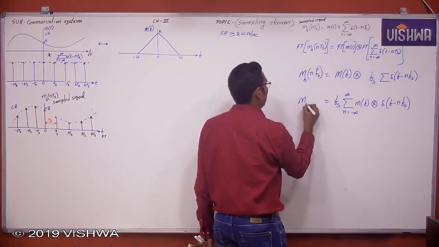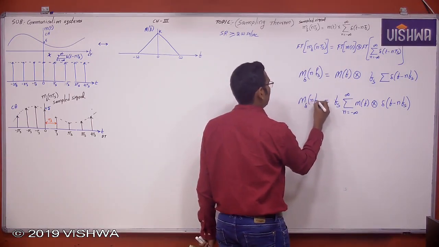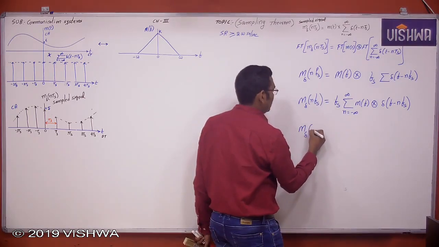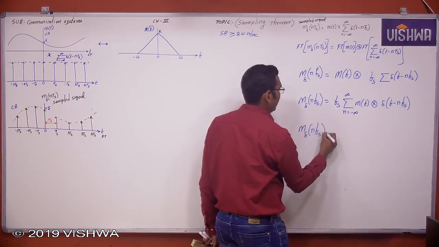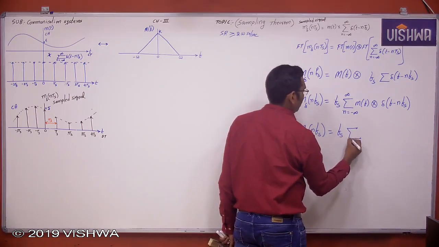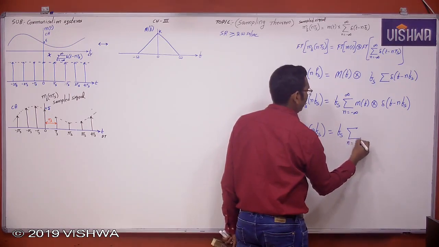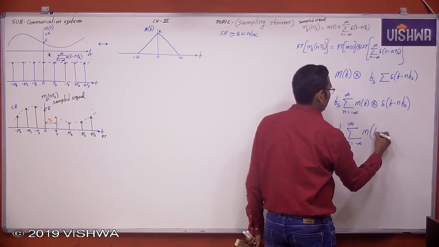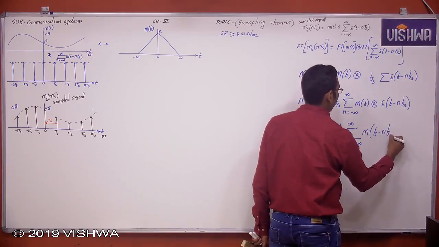Now this is M delta of n fs, which is nothing but the sample signal in frequency domain, fs summation n equal to minus infinity to plus infinity M of f minus n into fs.